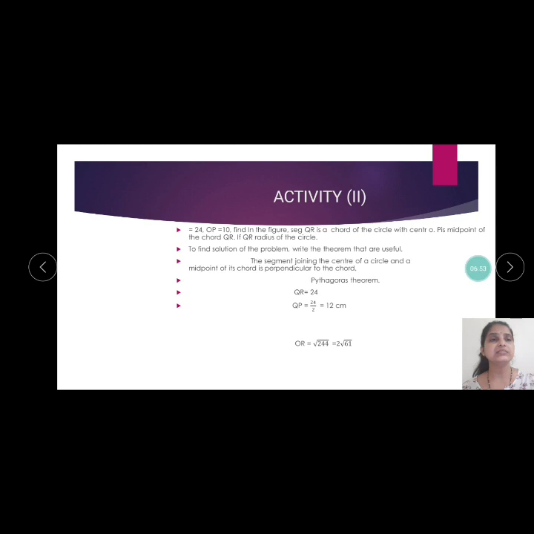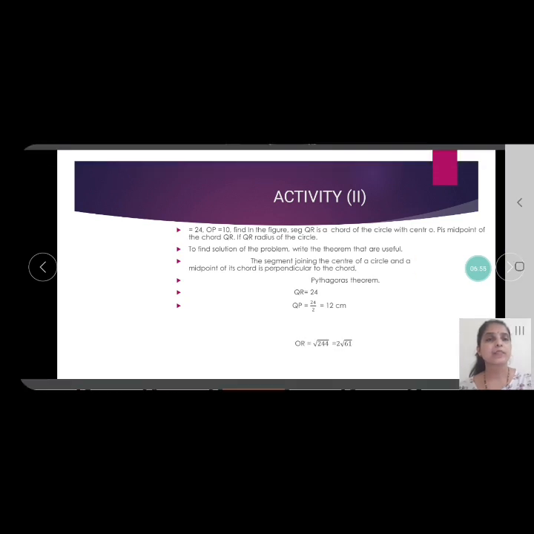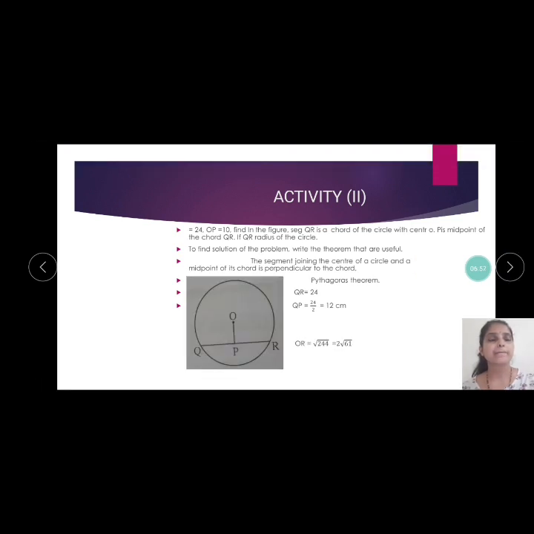Given part is: O is the center and P is the midpoint of QR, and QR is the chord. Length of QR is given to us as 24 centimeter and OP is given to us as 10 centimeter, right? We are supposed to find out the length of the radius.